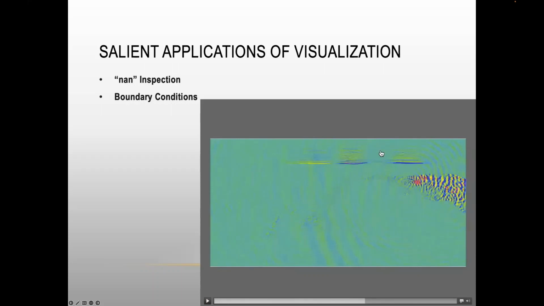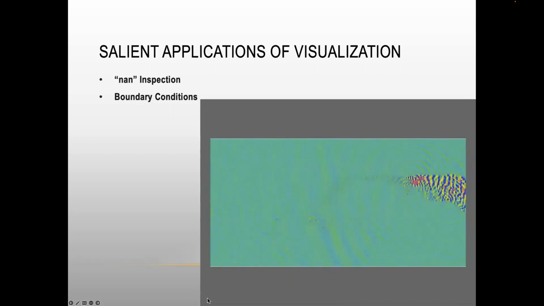What has happened is that these boundaries are supposed to be absorbing everything. After a while, halfway through the simulation, the top boundary starts to reflect those waves. The reflections are in the same range as the real data it's trying to model, and this sort of thing is very hard to figure out numerically because they are in the expected range.